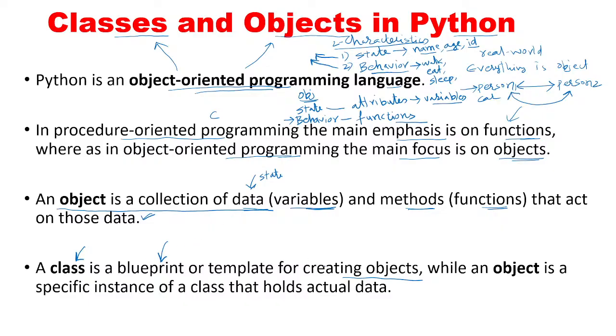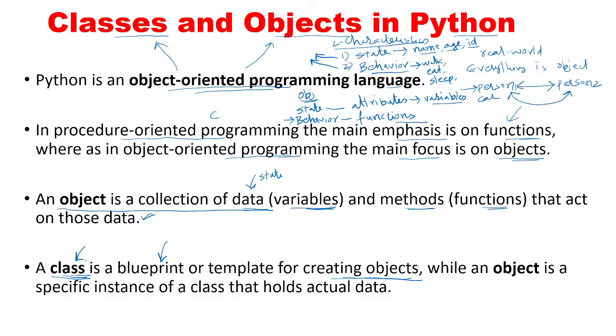Similarly here, for creating objects, we first prepare a blueprint. That blueprint is called a class. That means first we need to define this class.